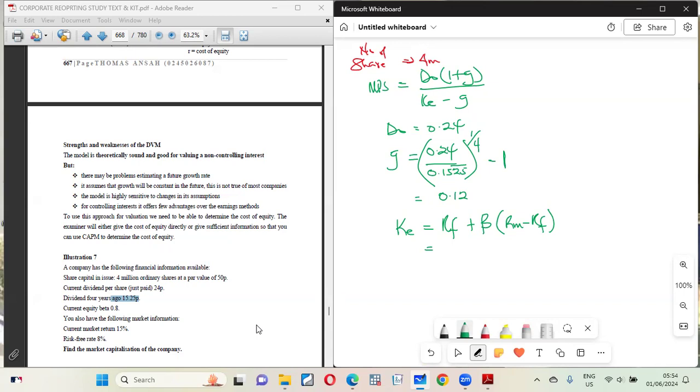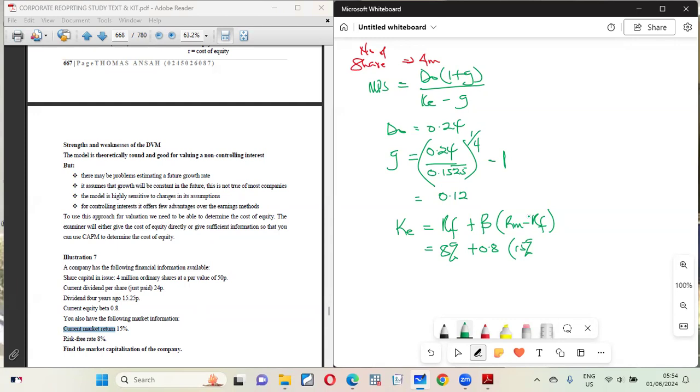So now, the question said the risk-free is 8%. So that 8%, we have 8%. And beta, current equity beta is 0.8. We have current market return to be 15. I've told you that the one inside here is called risk premium or market risk premium. So if that figure is given to you, you don't subtract anything again.